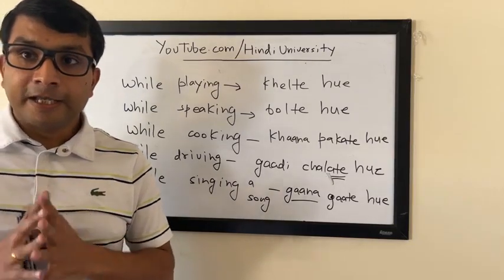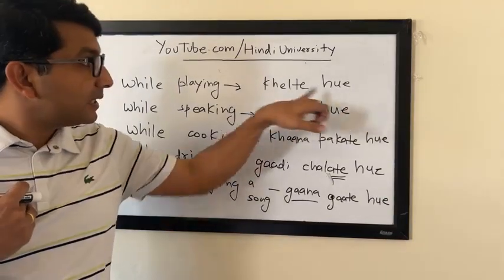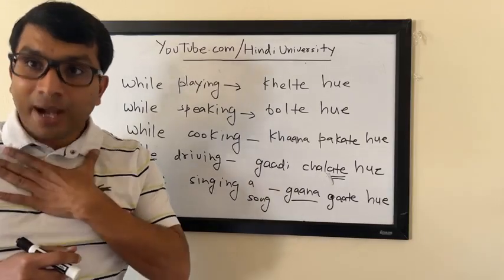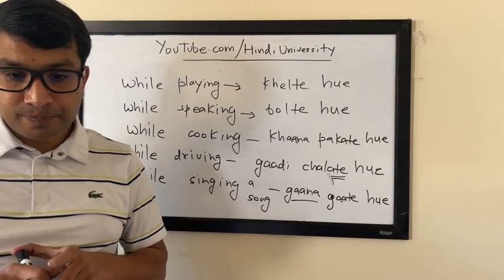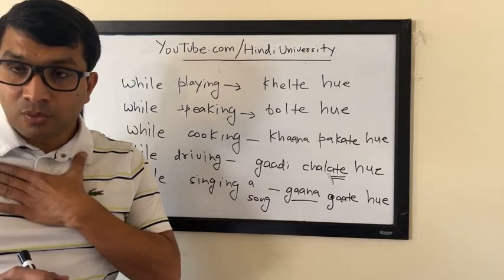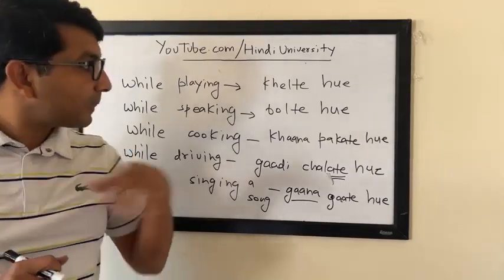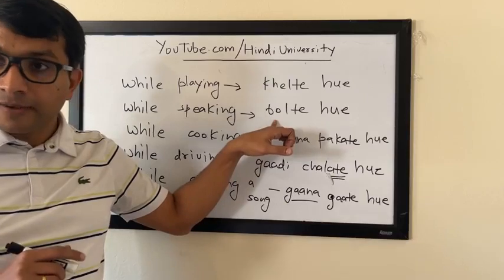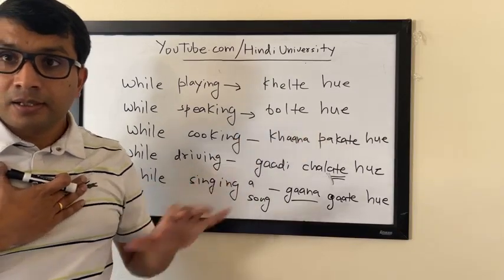To keep it simple, I can say खेलते हुए मैंने Yirka को देखा, which means while I was playing, I saw Yirka. खेलते हुए, while playing, I am doing the playing in this case. I saw Yirka. बोलते हुए, while speaking, I saw Yirka. I am doing, in all these cases, subject is doing it.